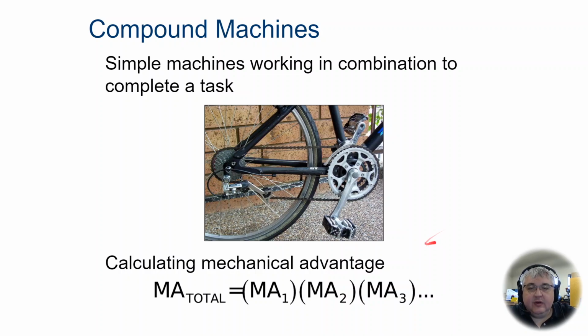In the case of the bicycle, we have several pulleys working together. We have a mechanical advantage for the rear tire and a mechanical advantage applied by the sprocket here.